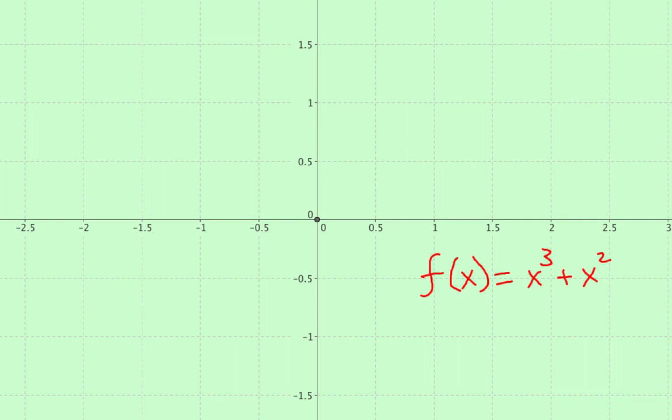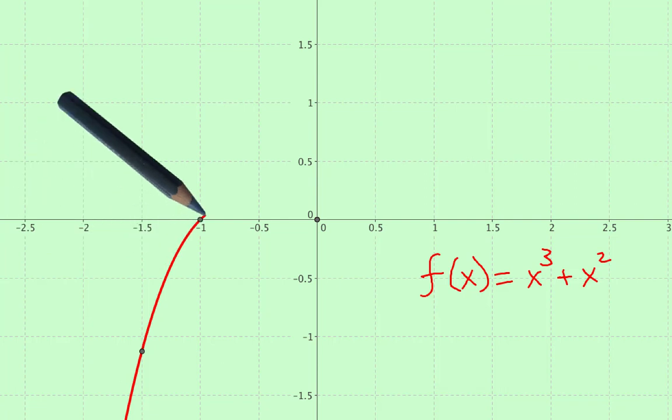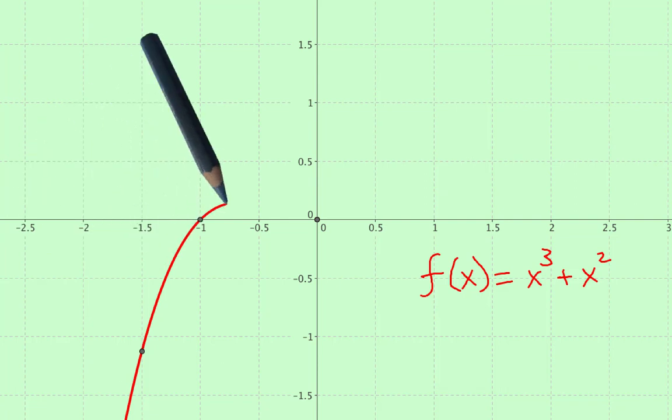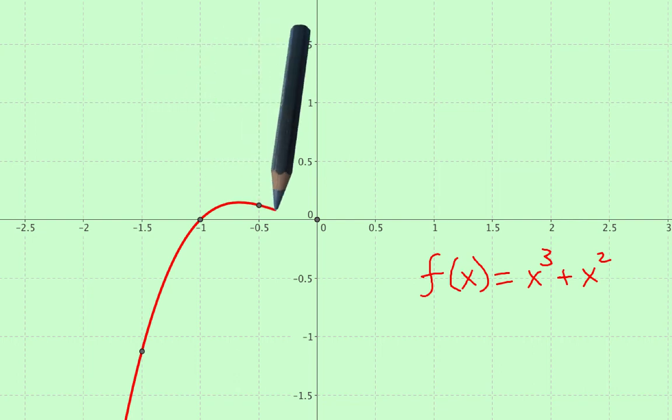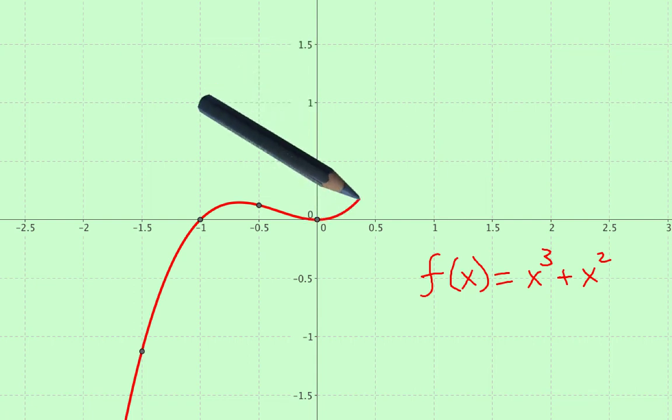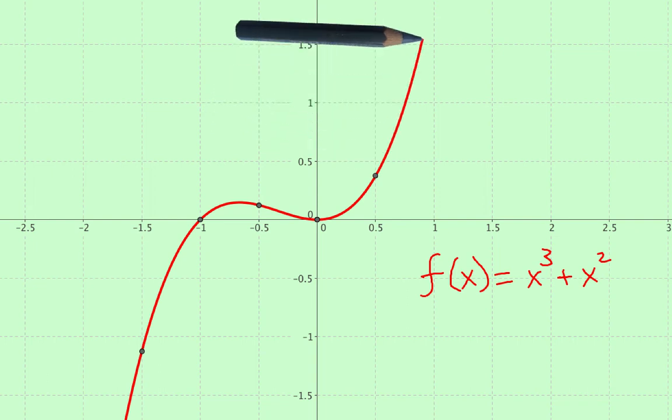You will expect, of course, that when x is very negative, the x cubed will dominate, and so it's going to come up much like f of x equals x cubed did. But now at x equals minus 1, it crosses 0 and then becomes 0 again at x equals 0, increases and then just scoots off to infinity.